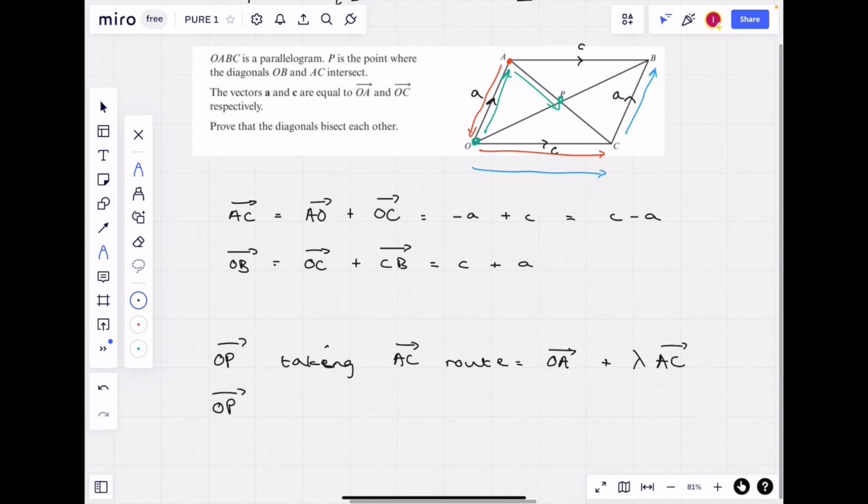The other route is OB. Taking the OB route, let me use yellow. We're gonna go like that. We're gonna go a fraction of the way along OB to get to P. Again, we don't know what that fraction is.